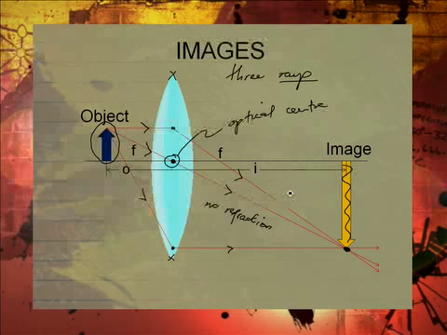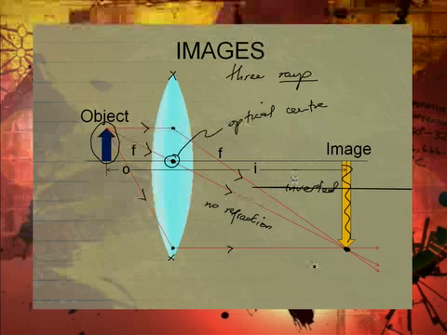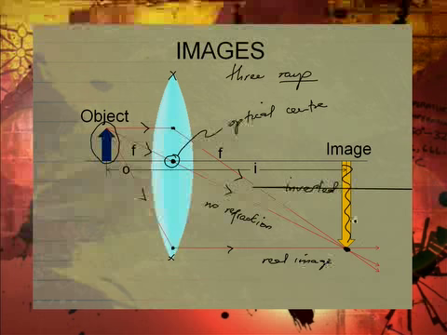And you can see that this is inverted. And because this image is inverted, this must be a real image. And you can see this image is actually of a bigger size than the object, and that should tell us something else. So it's real, it's inverted, it can be projected on the screen. Rays pass through the image if you proceed like that.